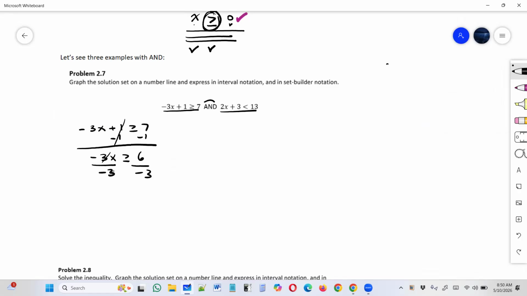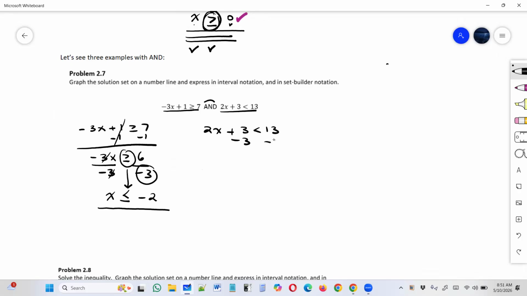And you already know, because I'm dividing by a -3, the inequality is going to change sides. So 6 divided by -3 is my -2. So this is one solution, right? Keep in mind, the inequality flipped because we're dividing by a negative. Let's solve the second inequality separately.